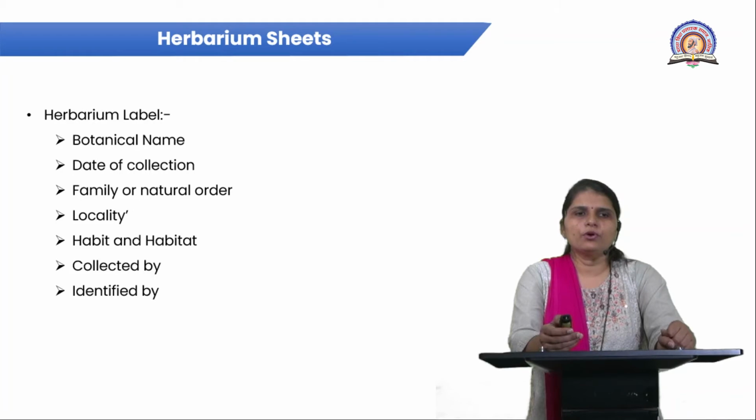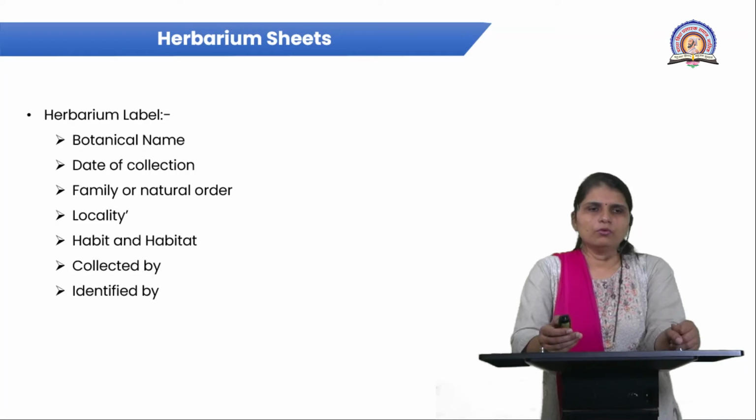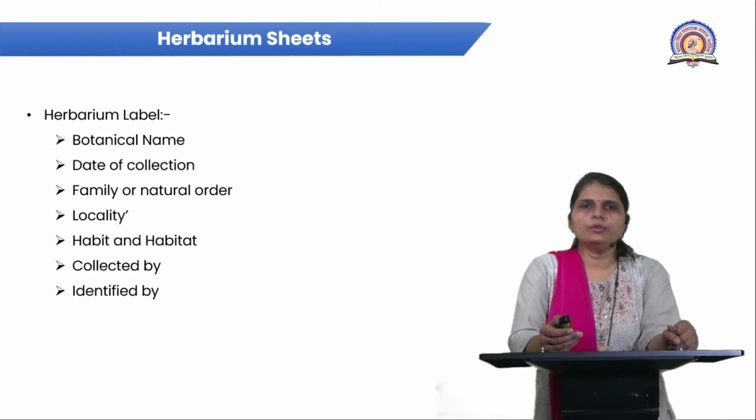Then the family or natural order of the plant, write it down. Then the locality of the plant, and the vernacular name or common name of the plant is written down. Then habit and habitat are written down on the herbarium sheet.